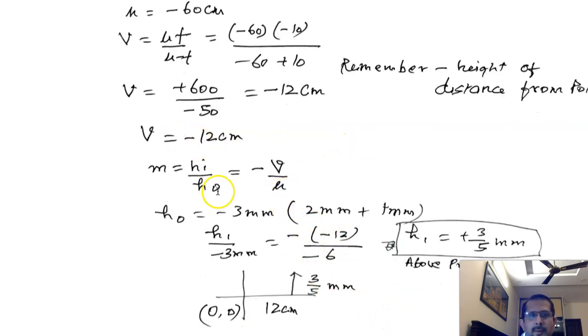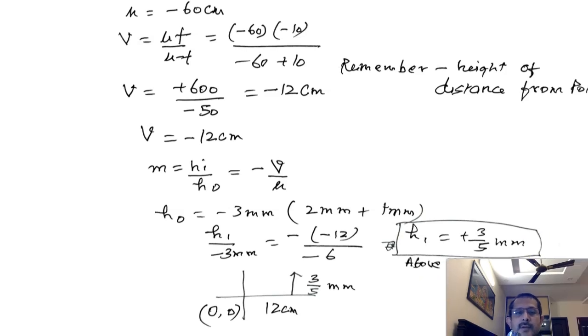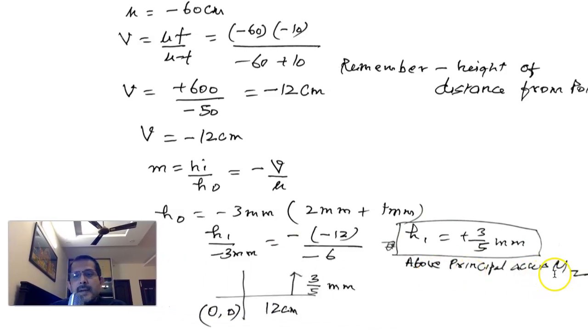And u is minus 60. Just put it here. And we get hi is equal to 3 by 5 mm above the principal axis of M2. So after using this, we get hi is equal to 3 by 5 mm.